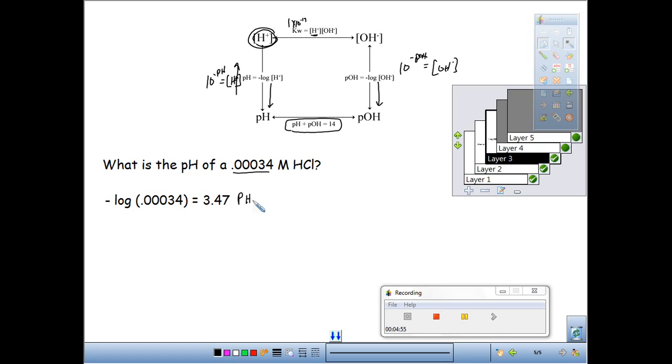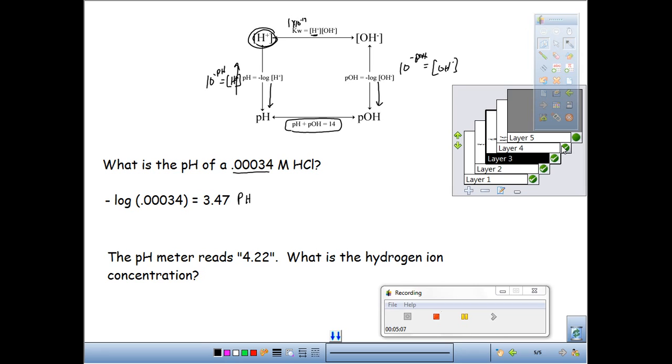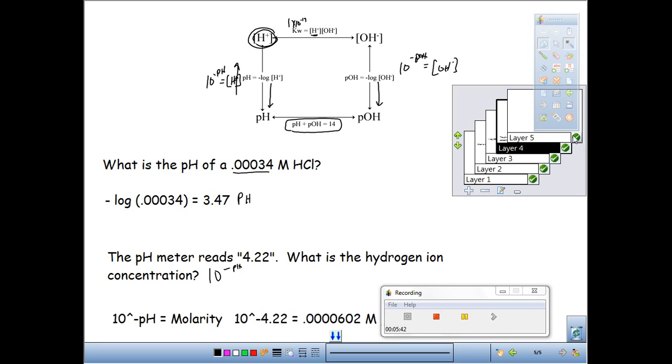A lot of times we'll actually have a pH meter. Suppose you stick the pH meter in your fish tank, or in something like fruit juice, and it reads 4.22. So what's the hydrogen ion concentration? That means, what's the molarity? Well, to go backwards now, to solve for this, you would say 10 to the negative pH, which is the 4.22. Punch that in, and here's what you get. You get the concentration.